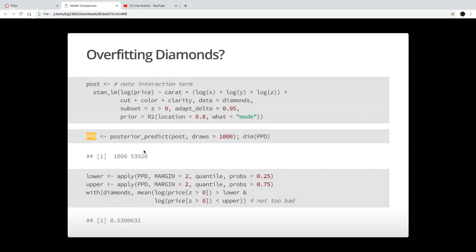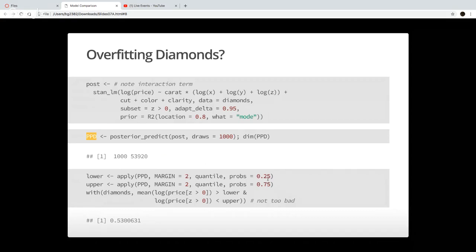Or each row, you can think of that as my prediction for what a whole sample of data would look like. And that's part of what's going on in the homework for Thursday, different ways of looking at that posterior predictive distribution. But one thing that you can do, even though you weren't asked to yet on the homework, is to calculate the quantiles of the posterior predictive distribution column-wise, like using the apply function.